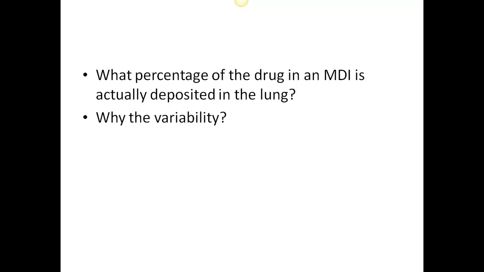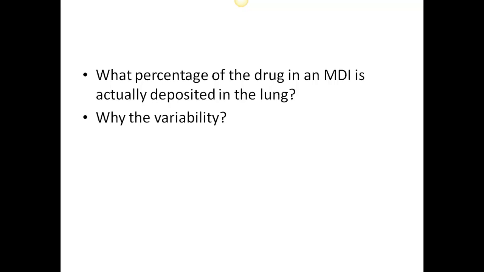Again, with an MDI, we're looking for a slow, deep breath in with a breath hold. The more we can slow down that airflow and the longer somebody can breathe in and then do an adequate breath hold, that will determine the amount of medication that's administered, as well as when the MDI is activated.